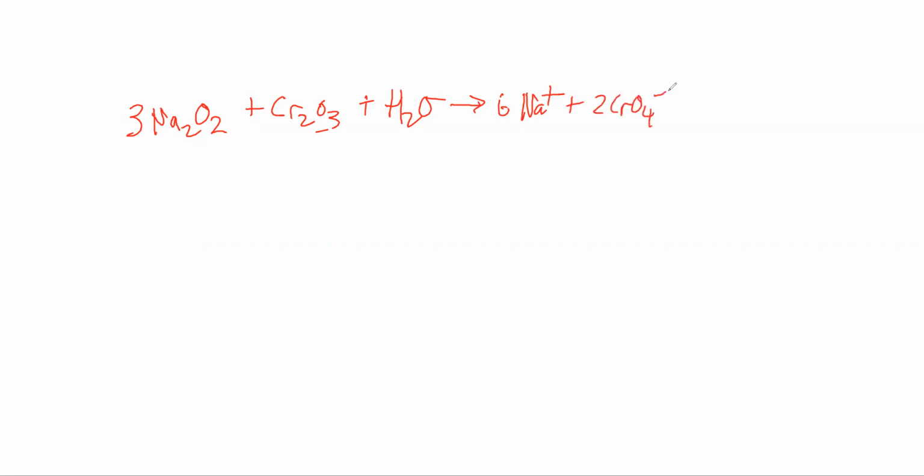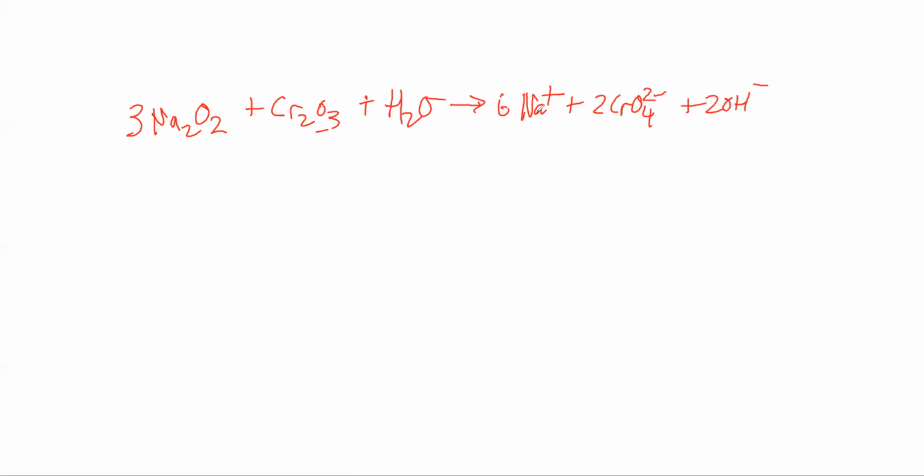We're going to take 3 Na2O2, sorry, so used to carbonates, Na2O2, plus chromium oxide Cr2O3 and our water, and we're going to get 6 Na+, 2 CrO4 2-, plus 2 hydroxides, OH-.